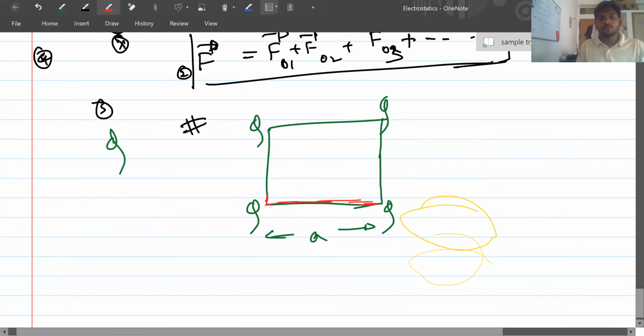What is the net force on this charge, one corner charge? The four are identical. You can solve it. I'll explain.